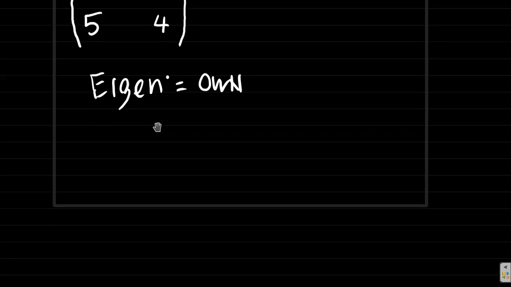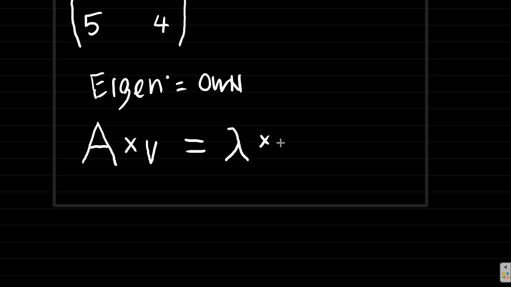Now, here's a formula for this. It says that if you take the matrix A and multiply it by its eigenvector V, you get the same thing as if you take the eigenvalue of the matrix, lambda, and multiply it by its eigenvector V. So basically, the matrix multiplied by its own vector is equal to the value of the matrix multiplied by its own vector.